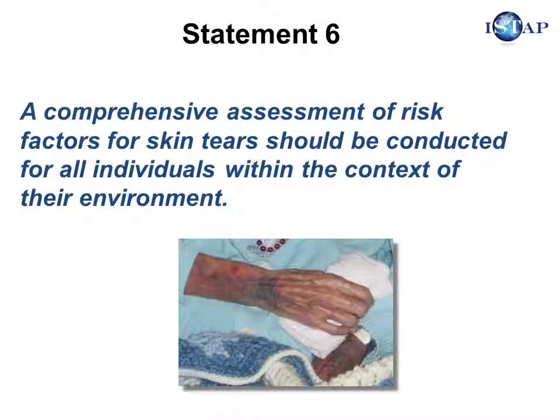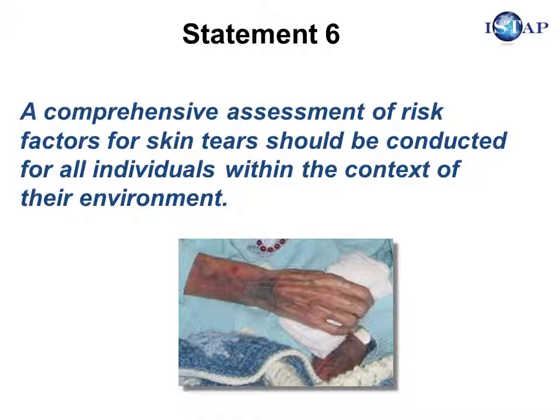I'm sure this is not surprising to you folks. So you need to do a comprehensive assessment of risk factors for skin tears, and it needs to be conducted for all individuals within your environment, and you need to look at the contextual factors within the environment. But with anything, it's not just about assessment. You then have to do something about those risk factors. A bugaboo of mine is people assessing and then not doing anything about their assessment.